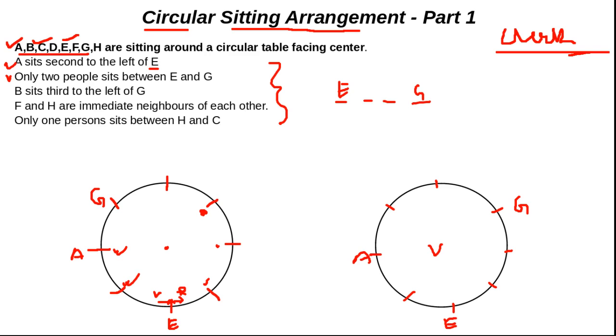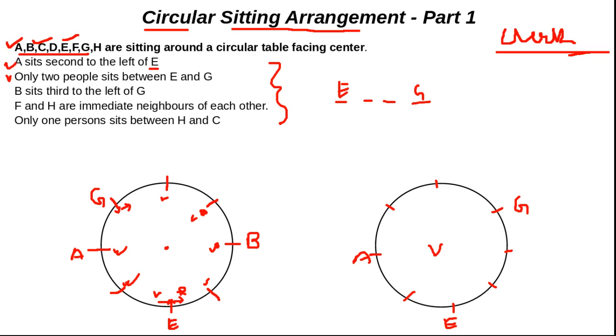What is the next statement? B sits third to the left of G. G is also facing center, so G's left will be in this direction. This is first, this is second, and this is third. So B is seated over here.